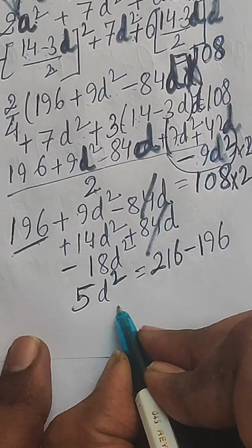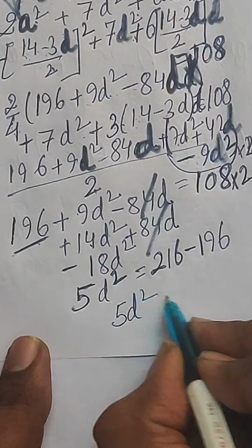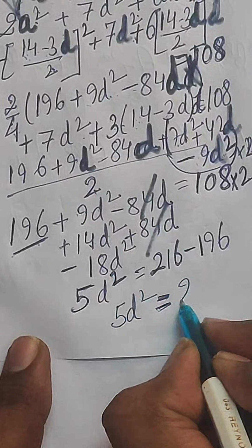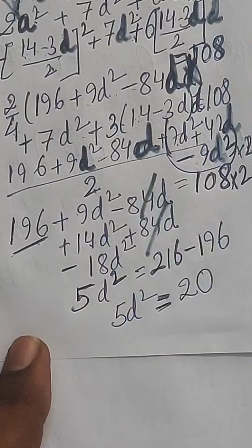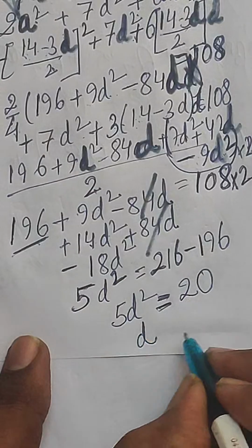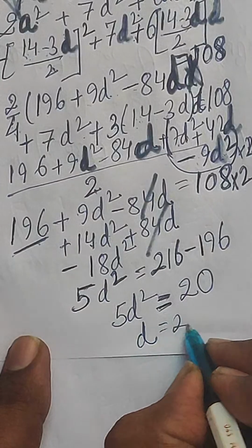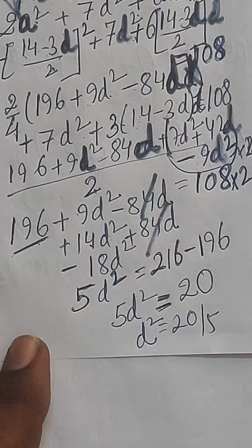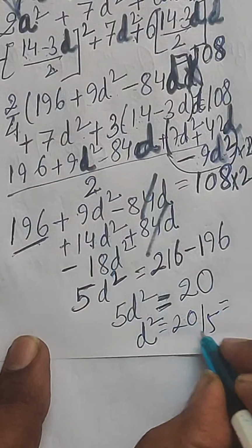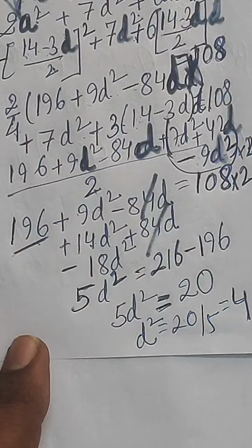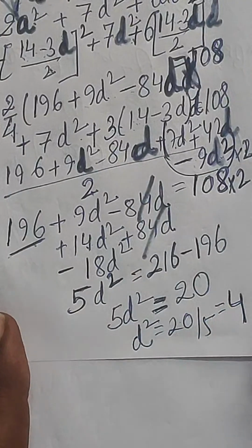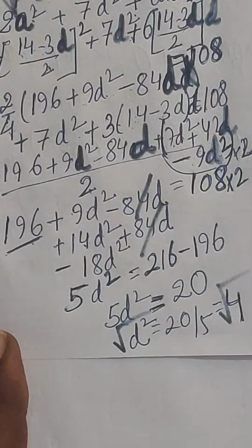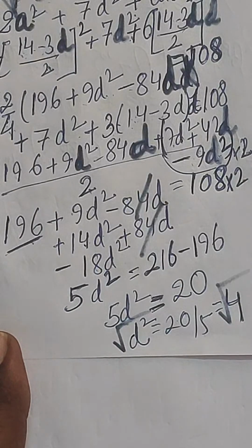So this will give you the value of 5d square as nothing but 20. So d square is 20 by 5. So this will give you 20 by 5 is 4. So when you take root on both the sides of the equation, we get the value of d. Right?